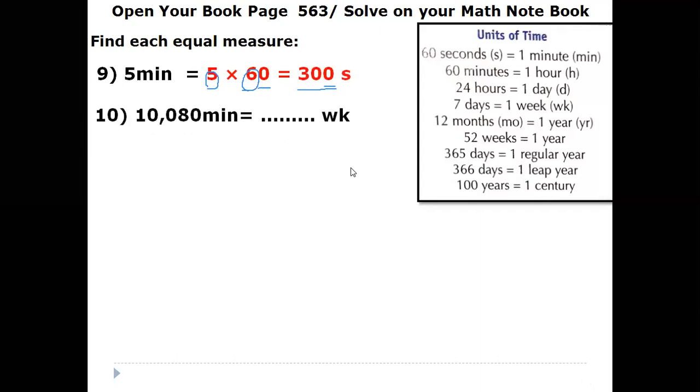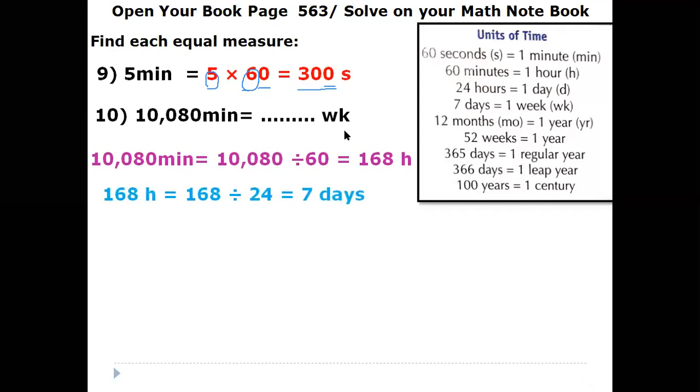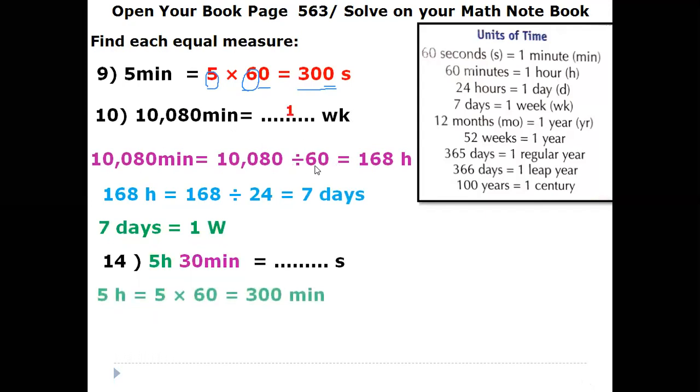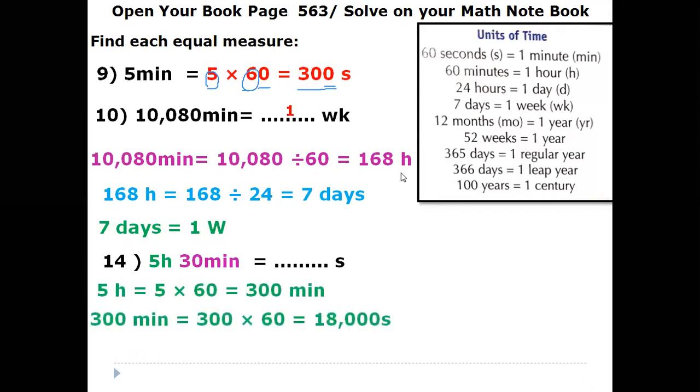Now, in the next one, this many minutes, change it to weeks. Now, we can't go directly from minutes to weeks. So first, we convert minutes to hours by dividing by 60. Then we get 168 hours.